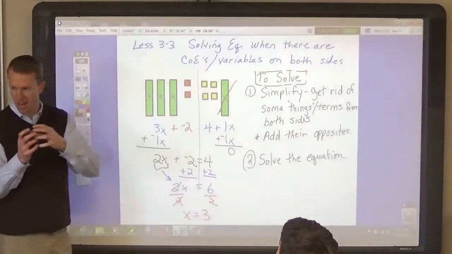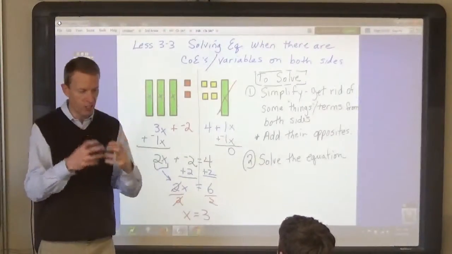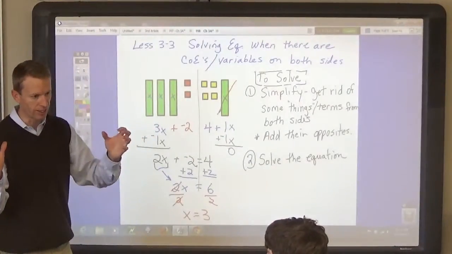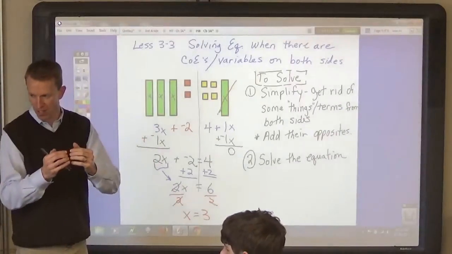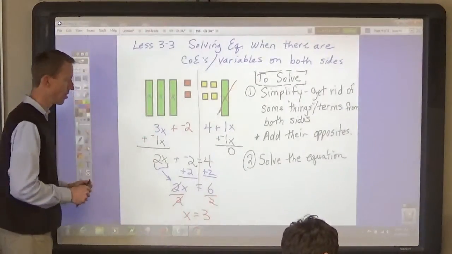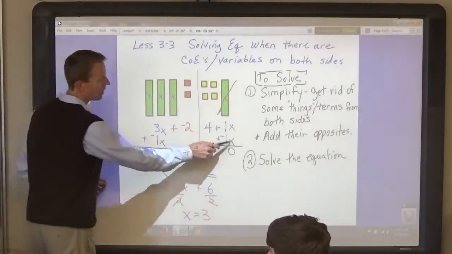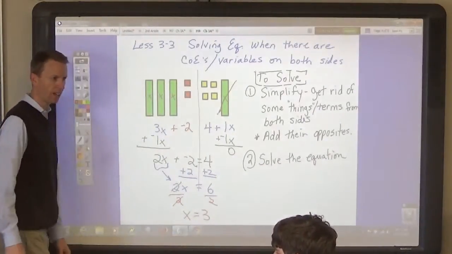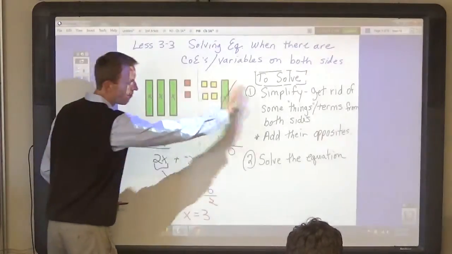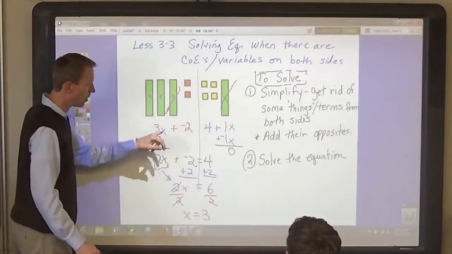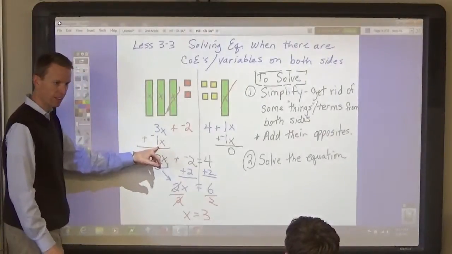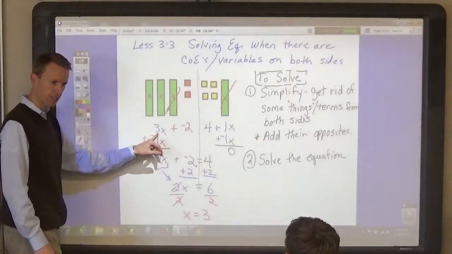Remember, a positive and a negative destroy each other. They're both gone completely. Positive and negative cancel each other out. They neutralize each other. So, this neutralizes the 1x. But if we take 1 off of the right side, you have to take 1 off the left side. So you have to add a -1x to the 3 x's.